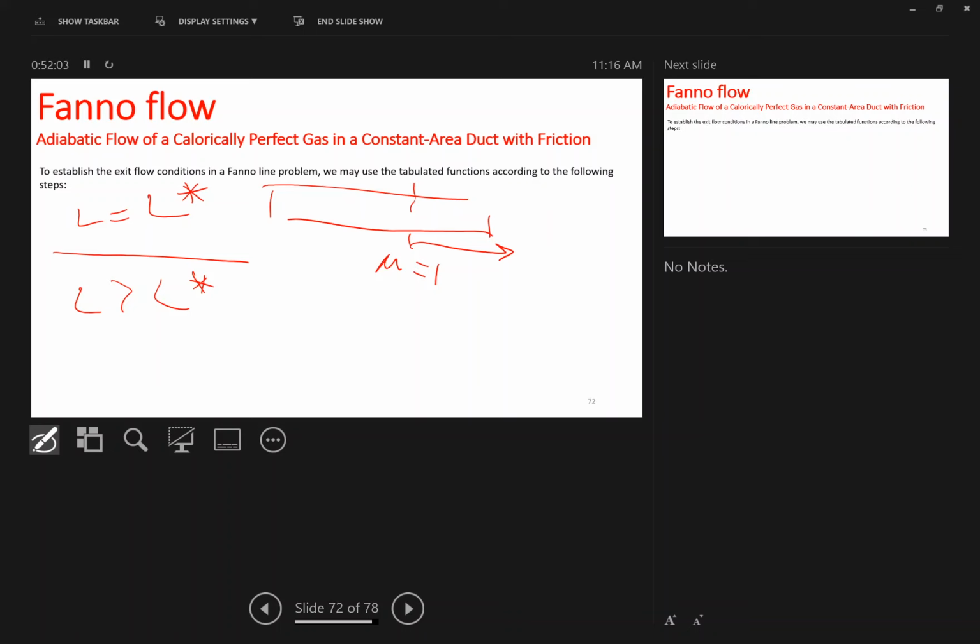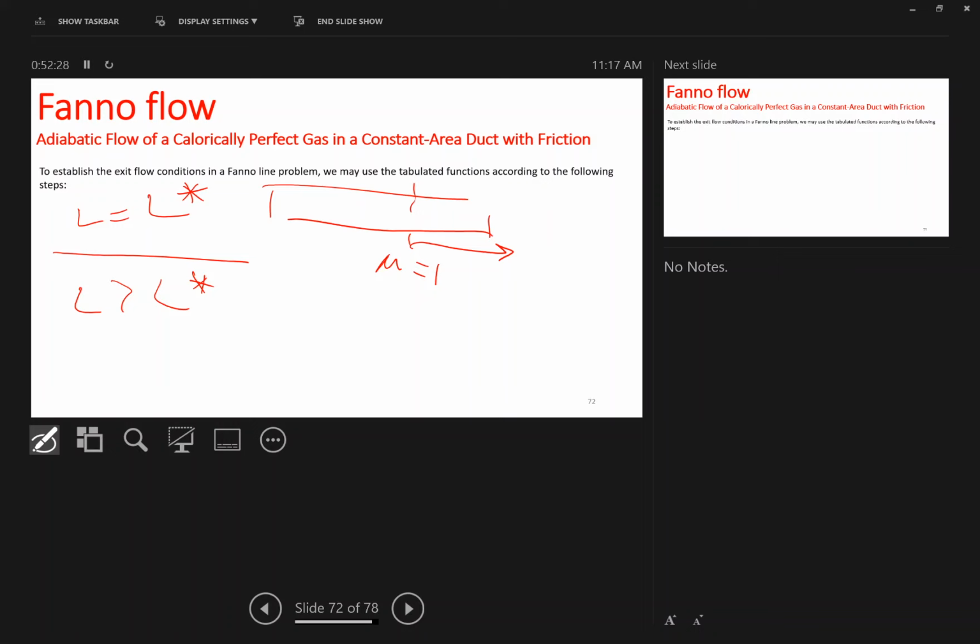It means that you will get some spillage or backflow, so that at your exit you will get M equals 1. Eventually, your pressure and temperature and the Mach number will change, will not remain these values anymore, right?